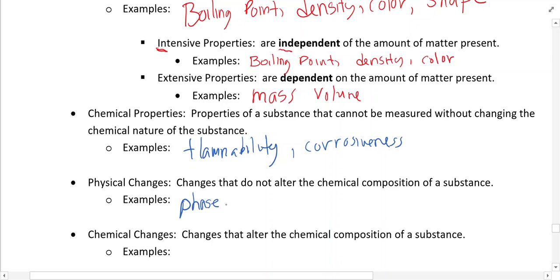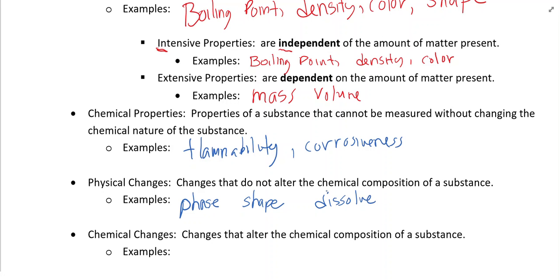So if you take ice and you melt it into liquid water, that would be an example of a physical change. You can also change the shape or the size of it. You can also dissolve. So if you take sodium chloride or salt and dissolve it in water, you're not changing the physical nature of the substance. It's still there, it's just in a slightly different form.